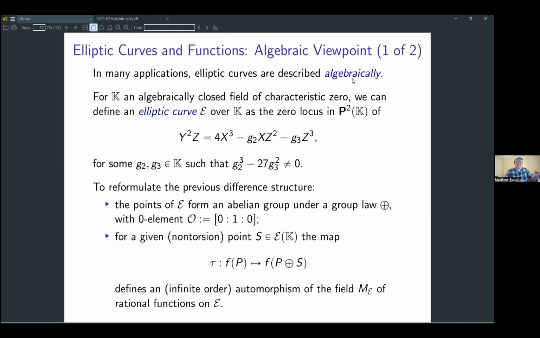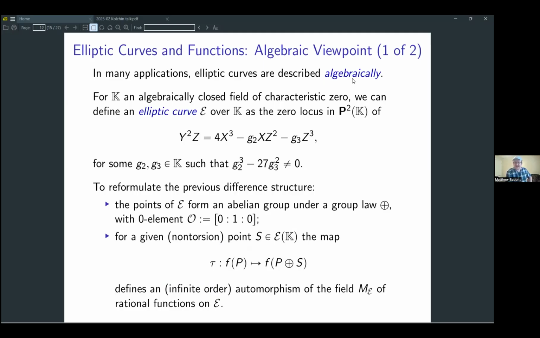Okay. So once again, we're going to have a whirlwind tour of elliptic curves and elliptic functions. And this time we're going to be working over a field K, algebraically closed and of characteristic 0, right? If we're working algebraically, then anything we do on C should work on K, right?